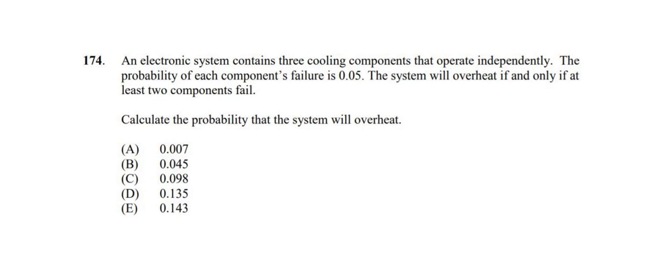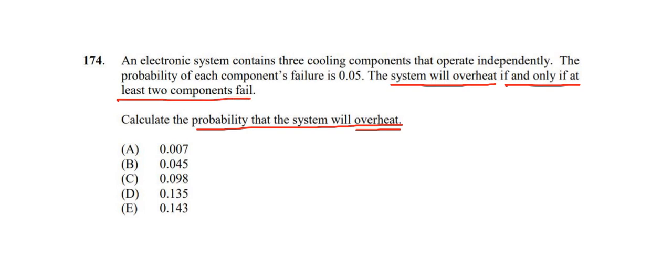Okay, so here we want to find the probability that the system will overheat. So what does overheat mean? The system will overheat if and only if at least 2 components fail.